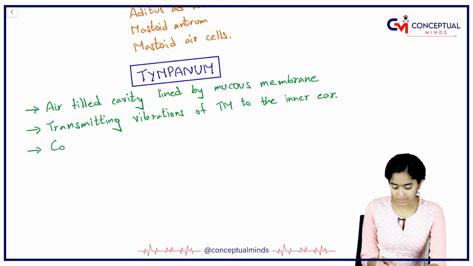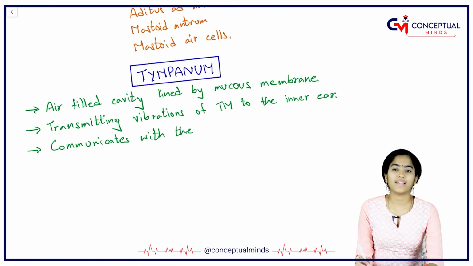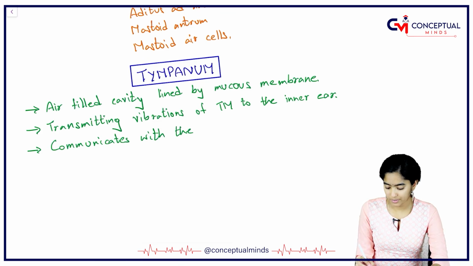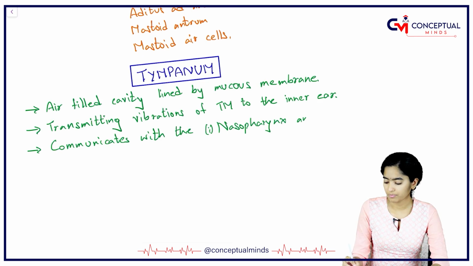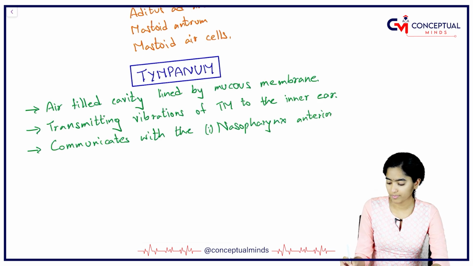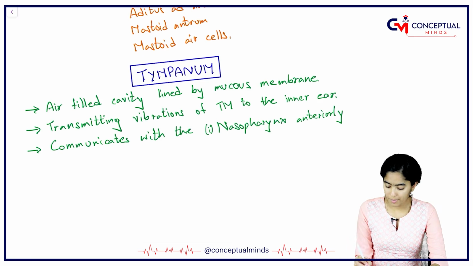The middle ear communicates with the nasopharynx anteriorly and with the mastoid posteriorly.